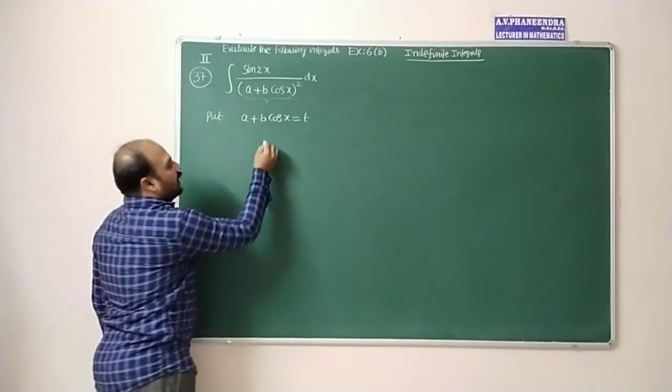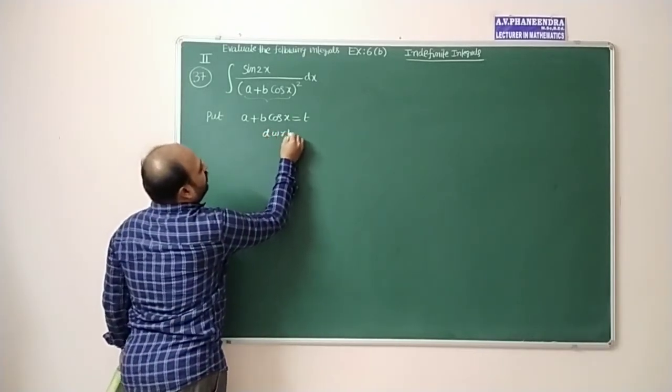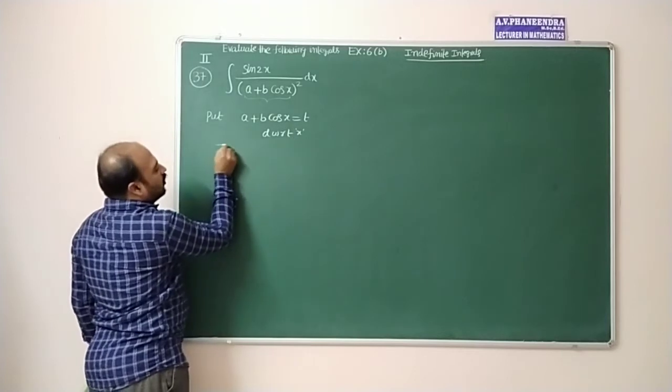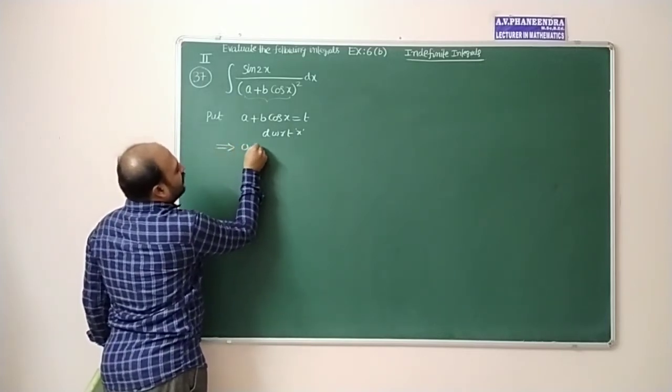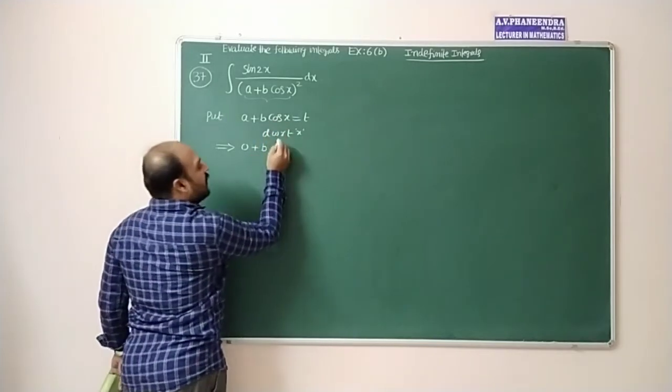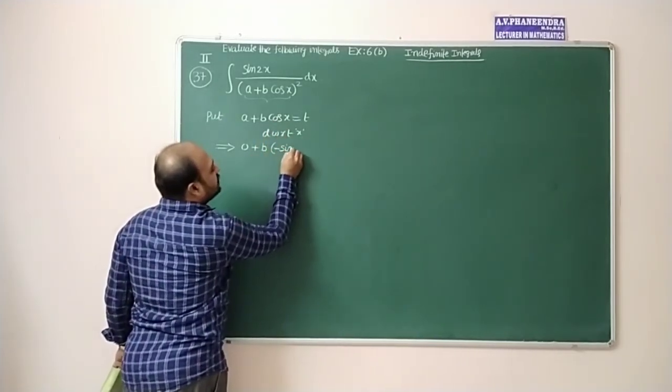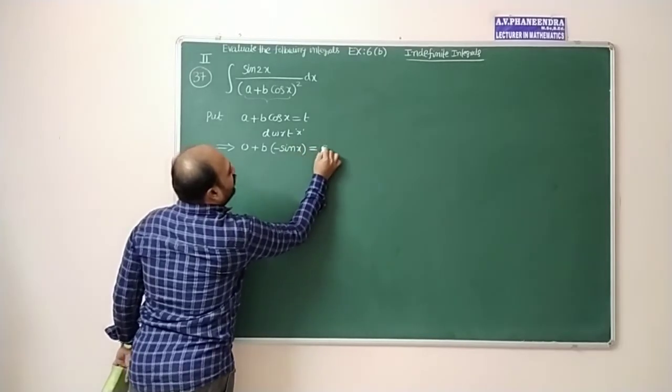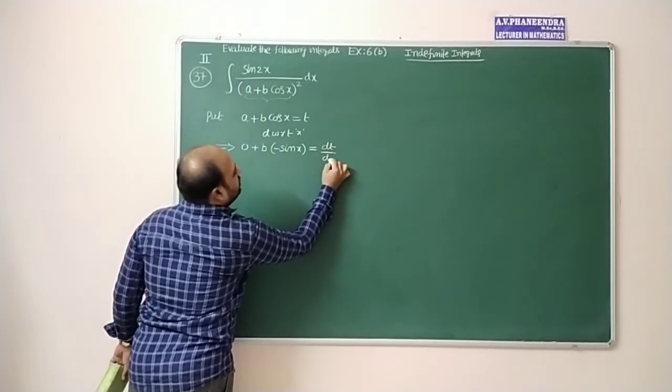Differentiate with respect to x. A constant's derivative is 0, plus constant into function is there, constant you can take outside, and d by dx of cos x is minus sin x, is equal to t derivative with respect to x, dt by dx.